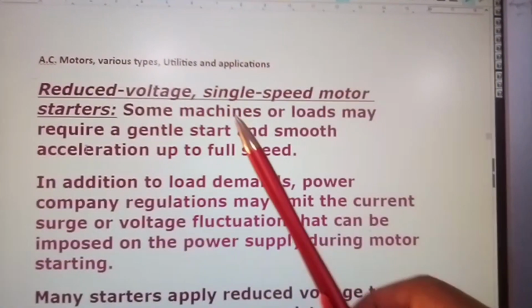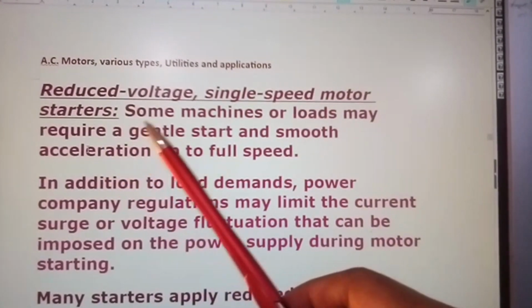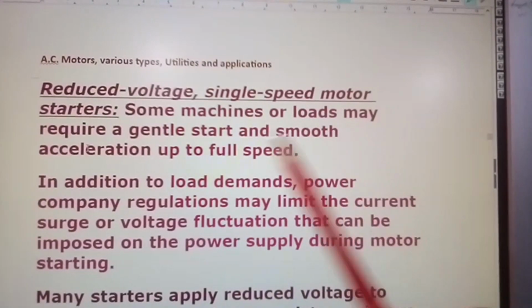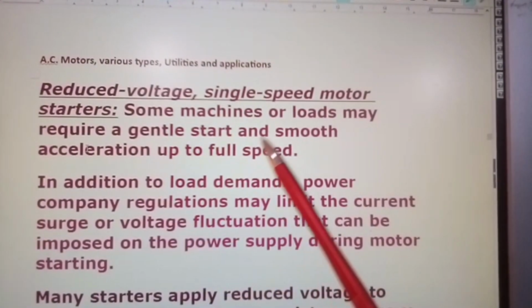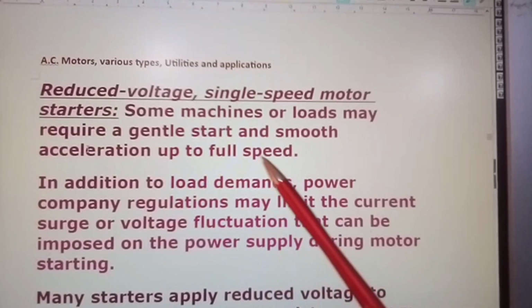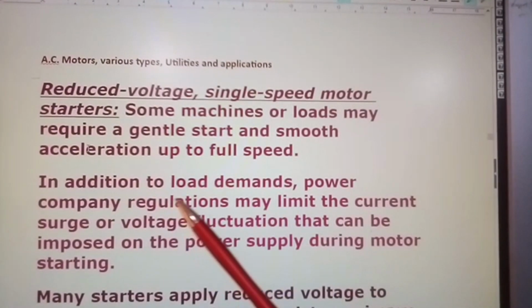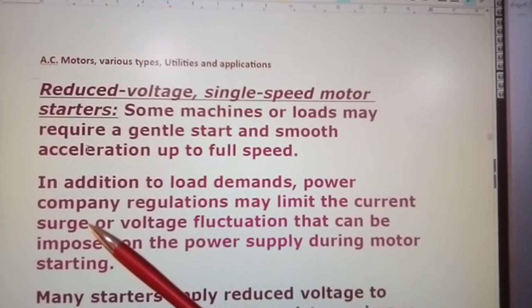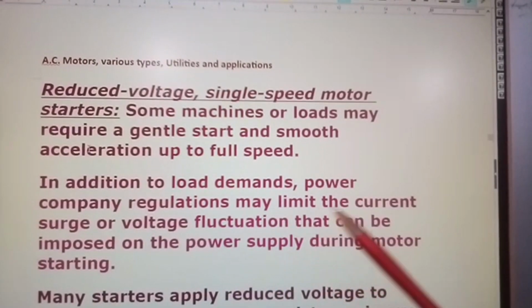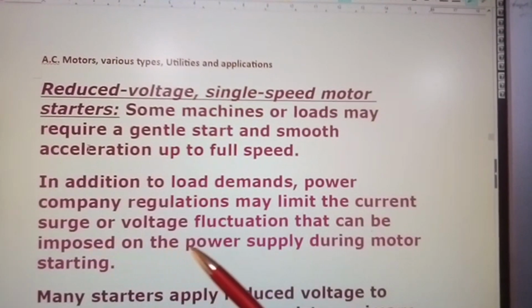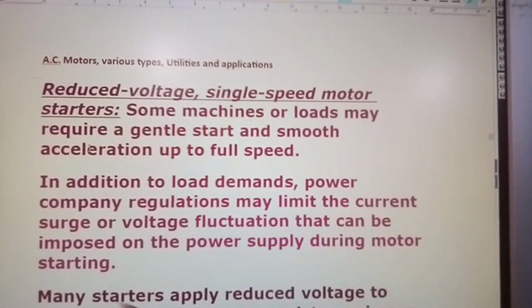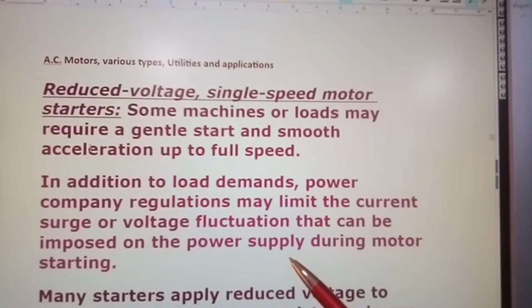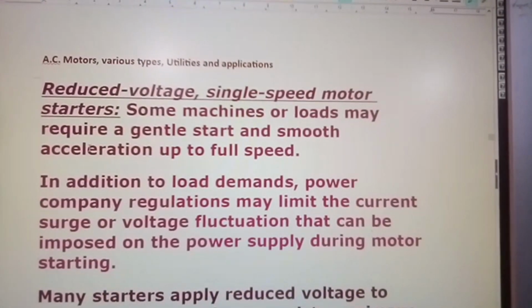Reduced voltage single speed motor starters. Some machines or loads may require a gentle start and smooth acceleration up to full speed. In addition to load demands, company regulations may limit the current surge or voltage fluctuation that can be imposed on the power supply during motor starting.